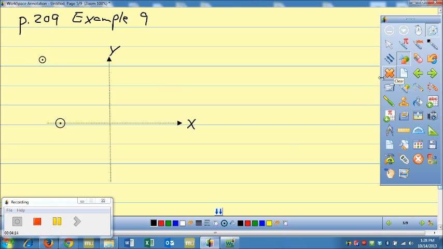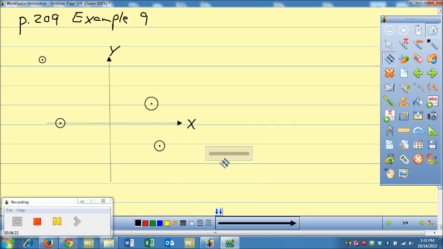That's sort of the before, and these are the after. This one starts out with a velocity to the right. This one starts out with a velocity down, and we're having them collide right at the origin.